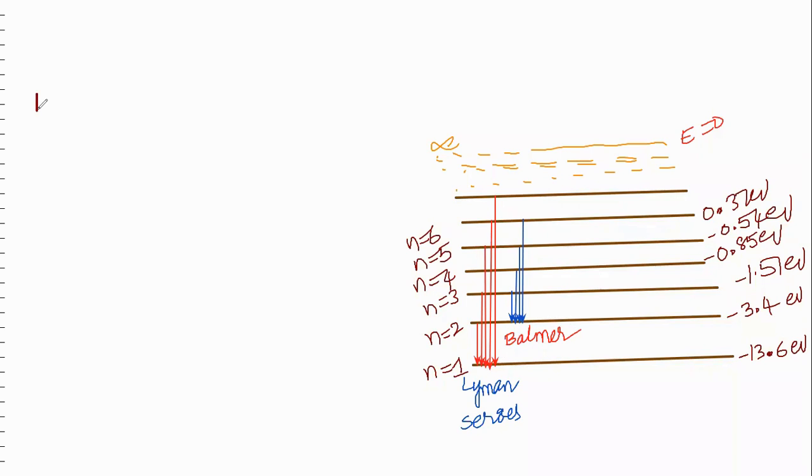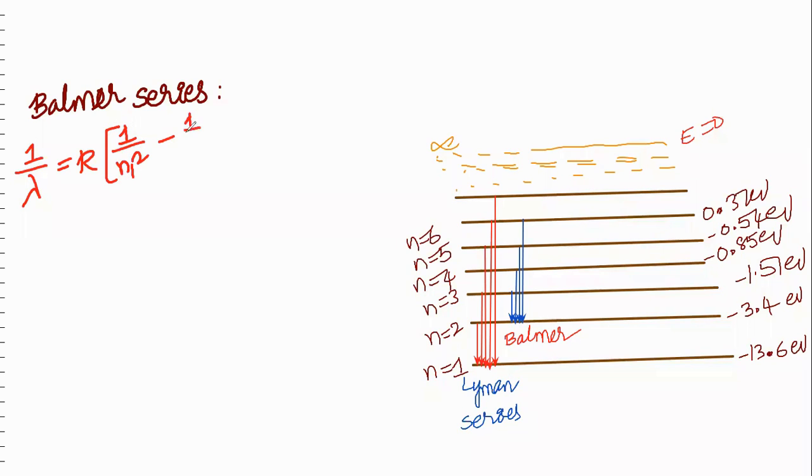Then for the Balmer series, 1 by lambda is equal to R into 1 by n1 square minus 1 by n2 square. For the Balmer series, n1 is equal to 2 and n2 is equal to 3, 4, 5, and so on.